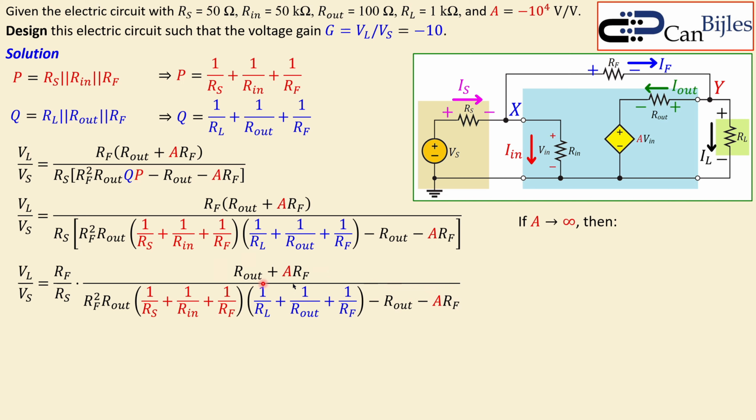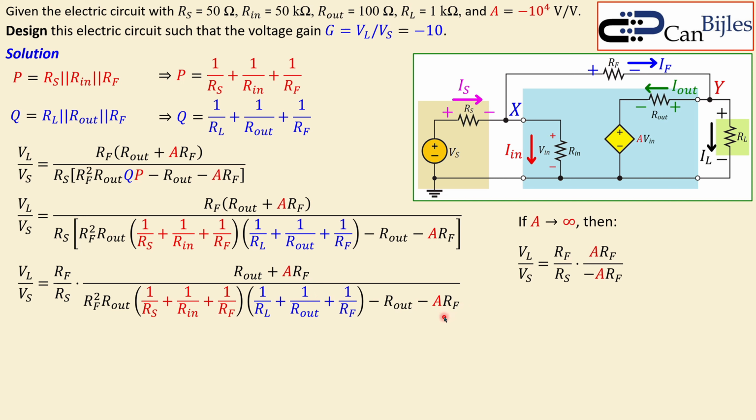So this numerator and the denominator will be dominated by A times RF, and here minus A times RF. So still we have RF over RS, that is the term in front, that is the multiplication part here, times sort of an error, which is then A times RF, when you have a very large value for A, divided by minus A times RF.